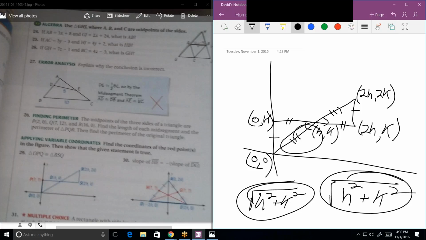Just looking at their error analysis. I'm curious. AD is equal to DB and AE is equal to EC.